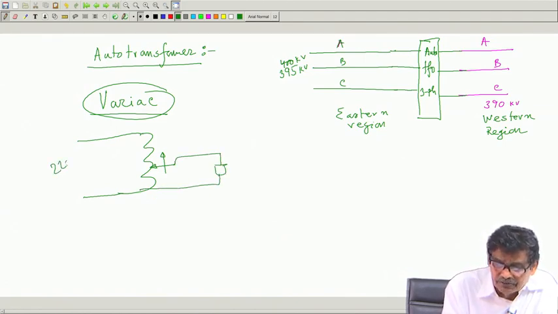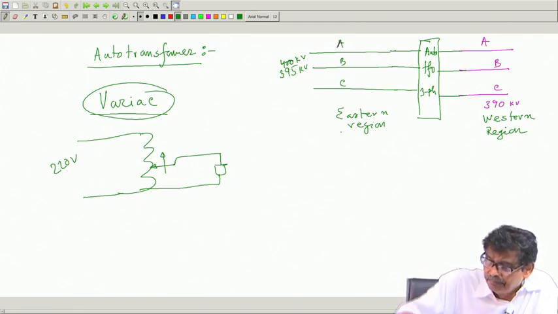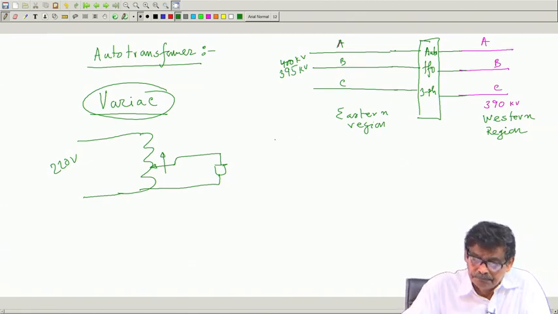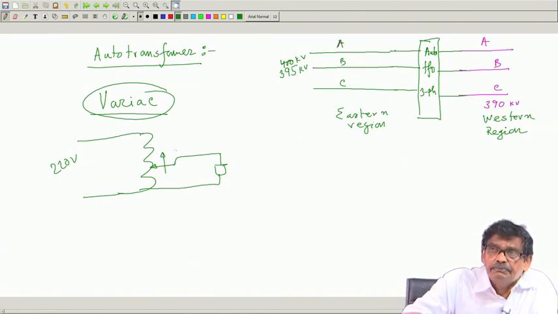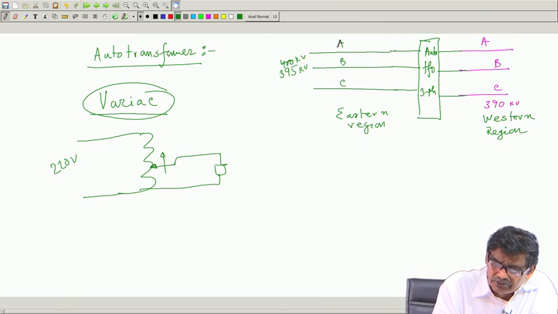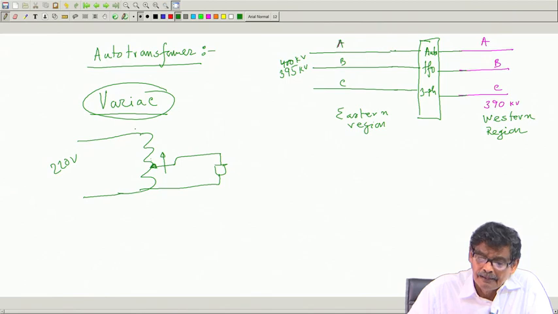Suppose there is 220 volt and you want to do some experiments to find the characteristics of the load, starting from 0 voltage up to 220 volt. There is a pointer which you can vary by rotating a shaft through a carbon brush. You touch different segments of the turns and gradually increase the voltage to the load. That is called a variac.